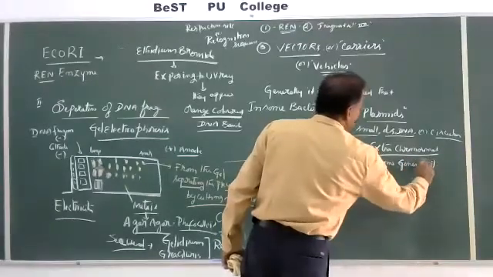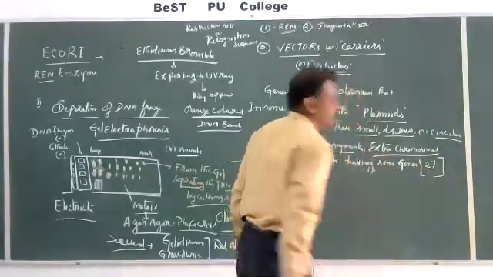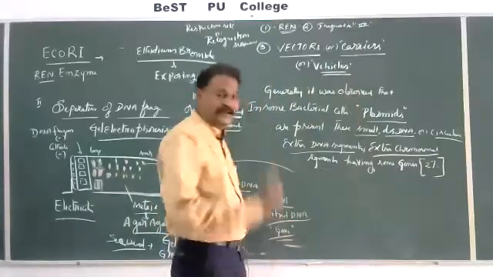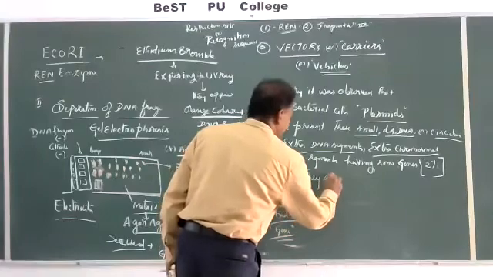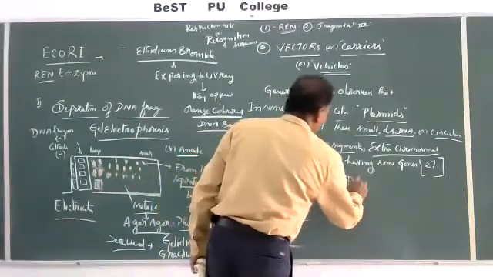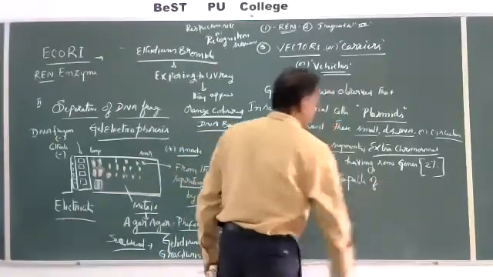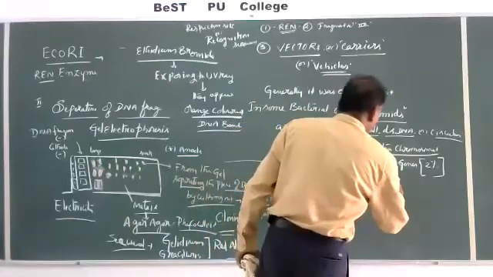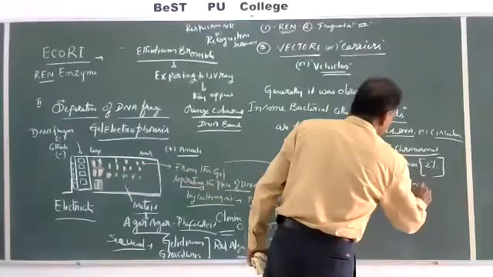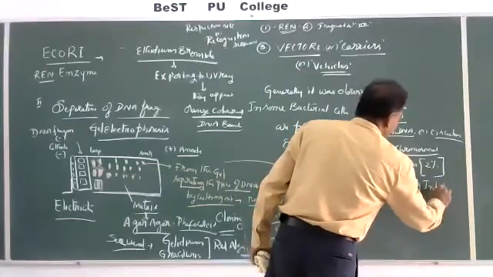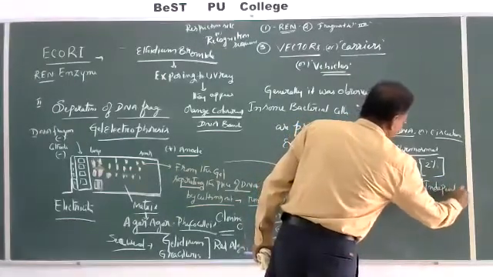Approximately they carry 2% of the genes. And the most important property is they are capable of replicating independently in the bacteria.